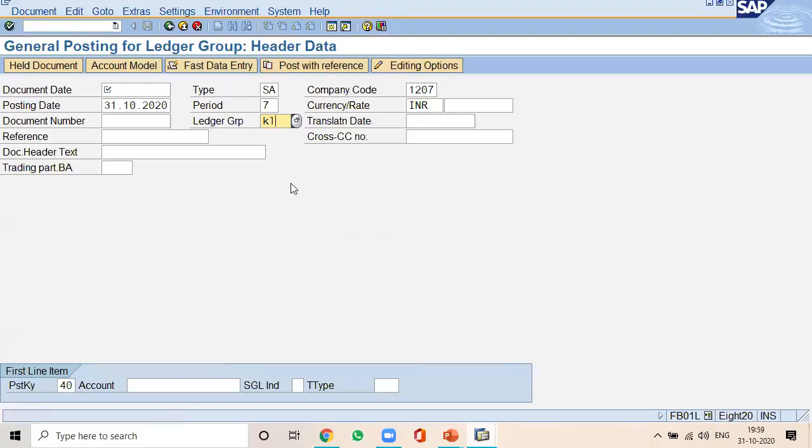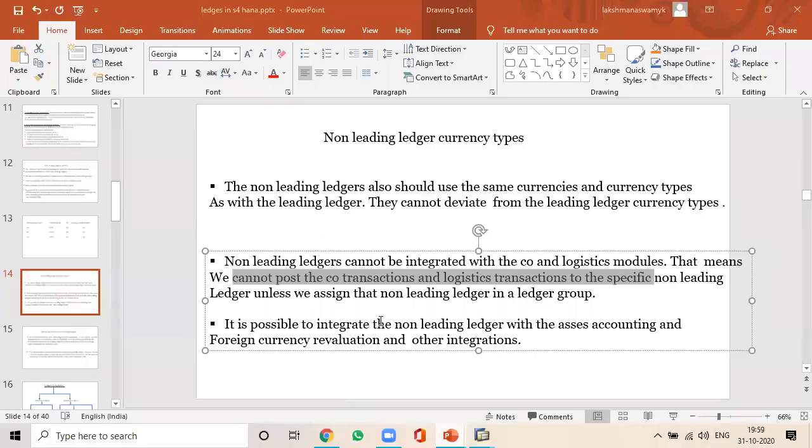That means unless you create a ledger group, the CO transactions and logistics transactions cannot be posted to non-leading ledgers individually. But you can post FI transactions in the specific ledgers also, because when you create one non-leading ledger, the system creates a ledger group automatically. Clear? That is the meaning of this sentence.